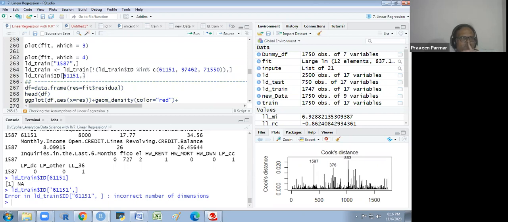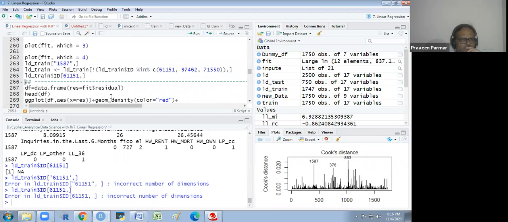Just a moment. I want to think on this, then later on this one. Correct number of dimensions. Equal to, we have to mention there.